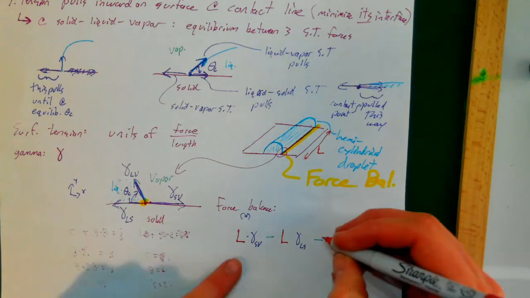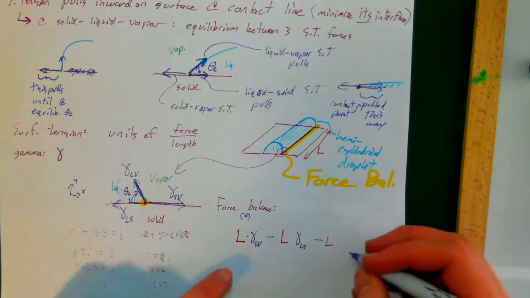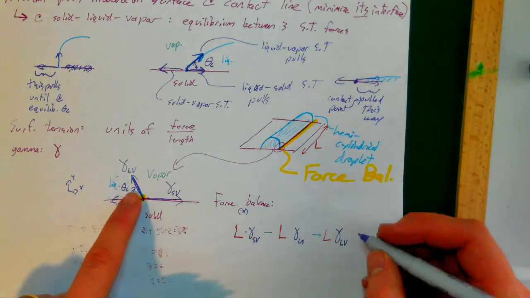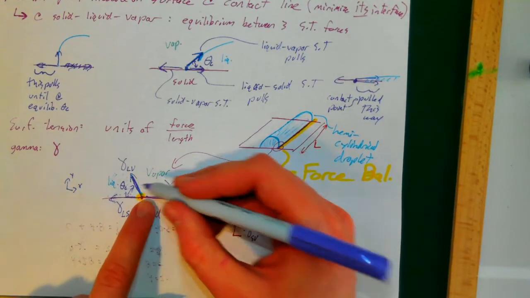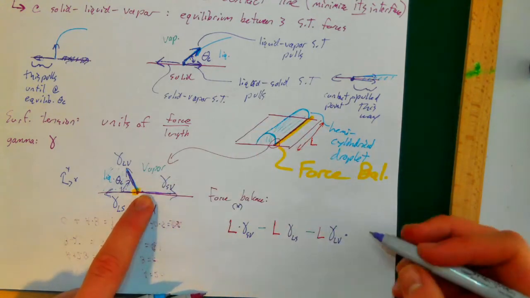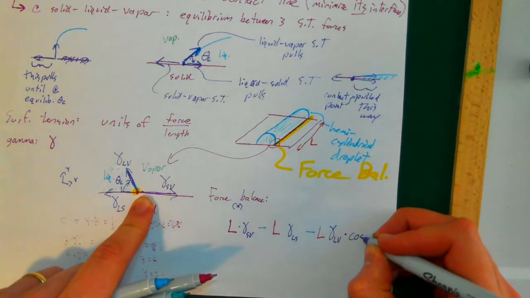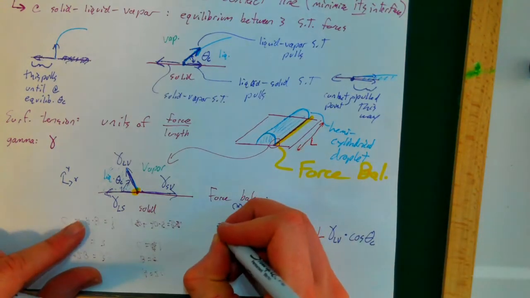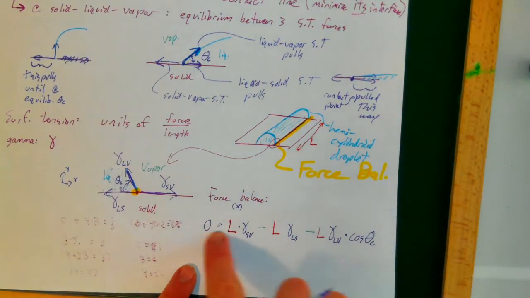So I still have L times the liquid vapor surface tension, but this also needs to be multiplied by, well, what relates this angle to give this component of it? It would be cosine of my contact angle. And those three basically need to add up together to equal 0.